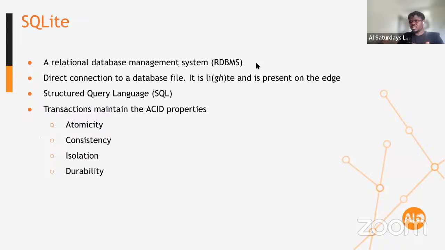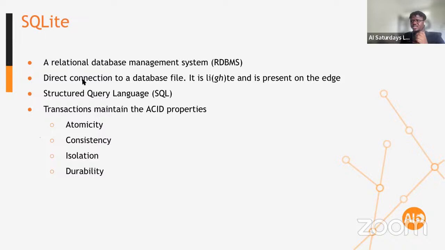So you could have multiple databases, a system that can manage all of that and give you the capability to manipulate those databases in line with the principles of relational data. And that is what is called a relational database management system. So SQLite provides you that. Now, what is one of its unique features? I feel like this is its most unique feature and its strongest selling point.